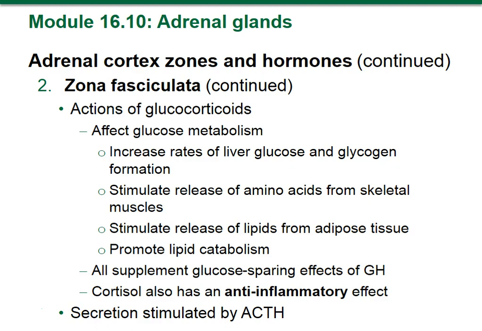They supplement what we call the glucose-sparing effects of growth hormone. In addition, the cortisol being produced has an anti-inflammatory effect. Now, like some of the other hormones in this region, the secretion is going to be stimulated by ACTH also.